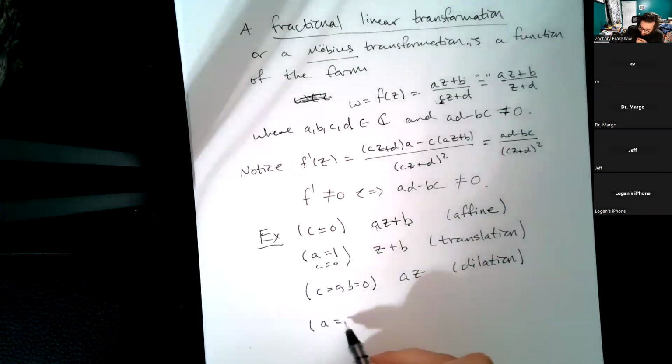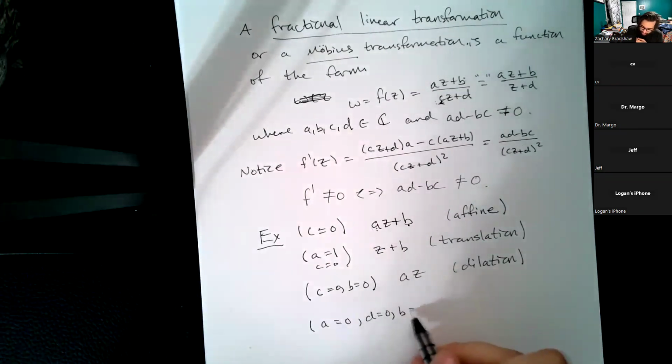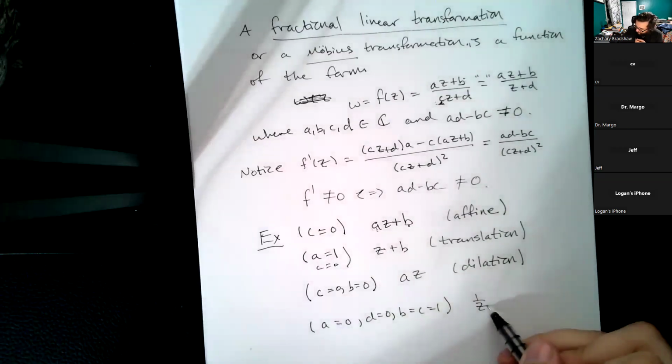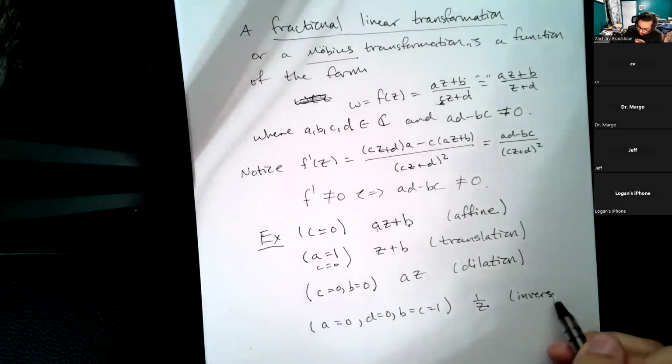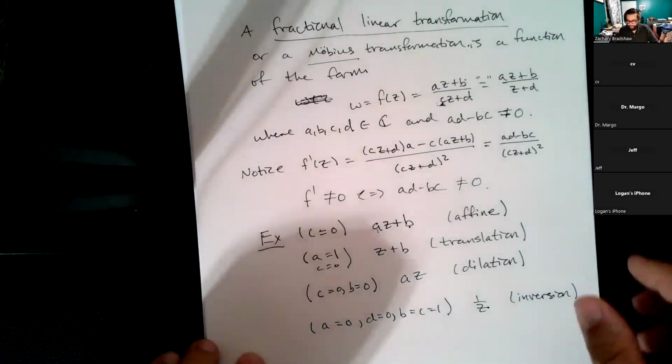And when a is 0, d is 0, and b equals c equals 1, well, we get 1 over z. And this is called an inversion.